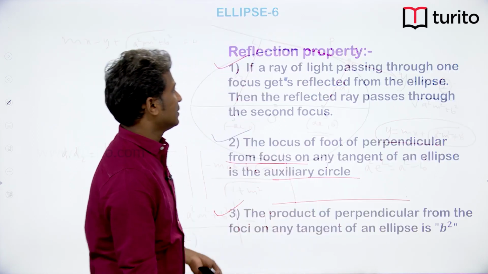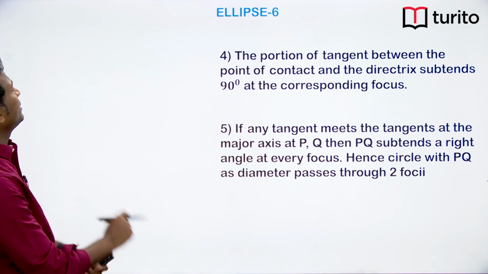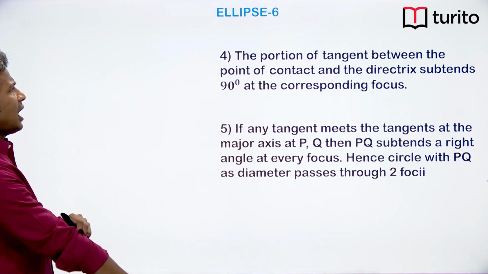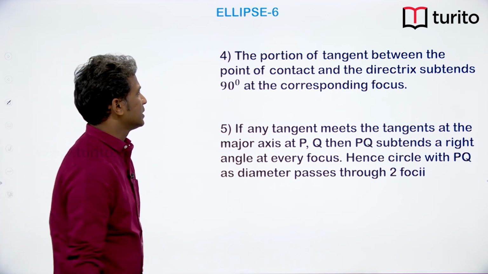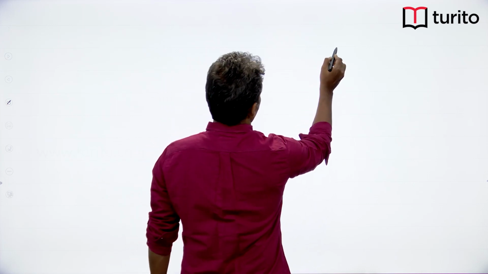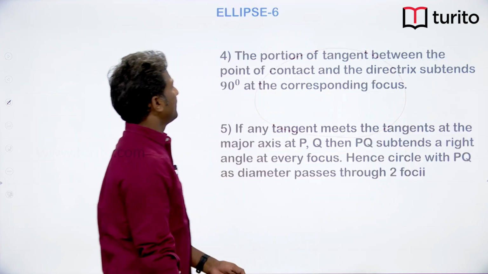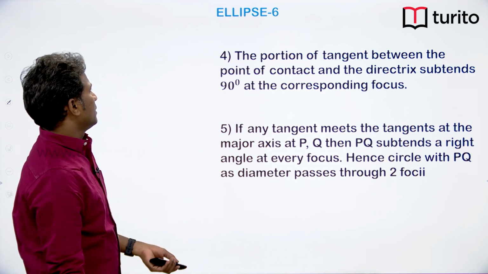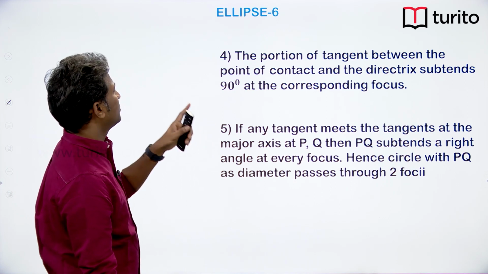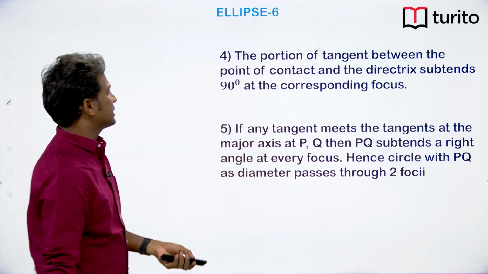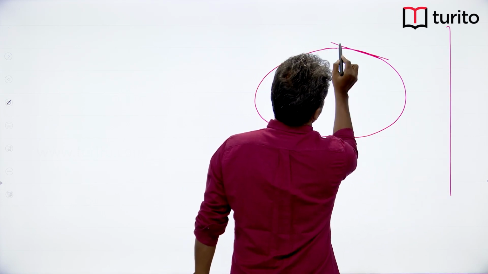Okay. Let us look at the other properties. The portion of tangent between the point of contact and the directrix subtends 90 degrees at the corresponding focus. So, let us prove this also. So, let us say there is this ellipse and the portion of tangent between the point of contact and the directrix. So, let us say there is one directrix here and this is my tangent.